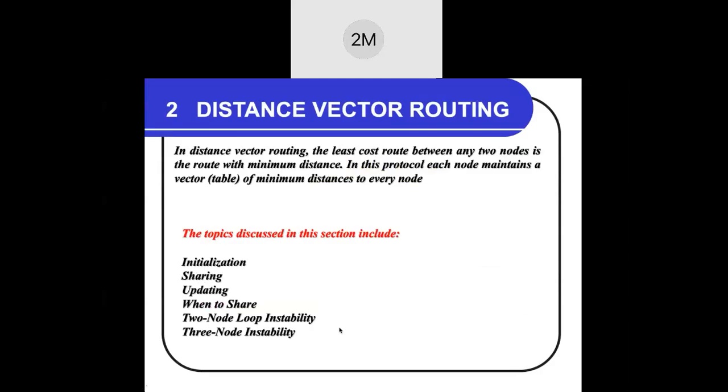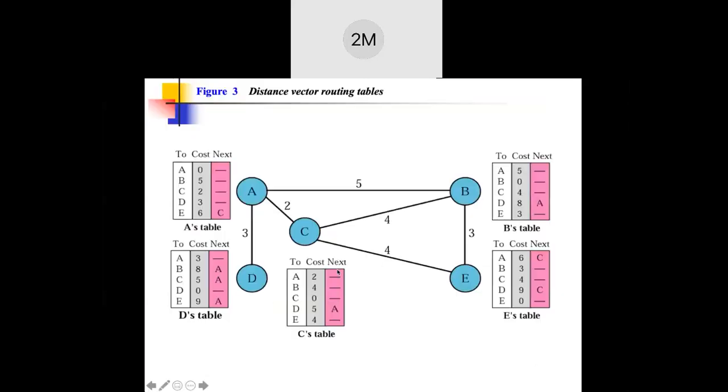Then regarding the distance vector, we have seen how the routing table gets updated. For that, one typical example. There are A, B, C, D, E connected, and what you can see is every router has a table, and the table has an updated entry.